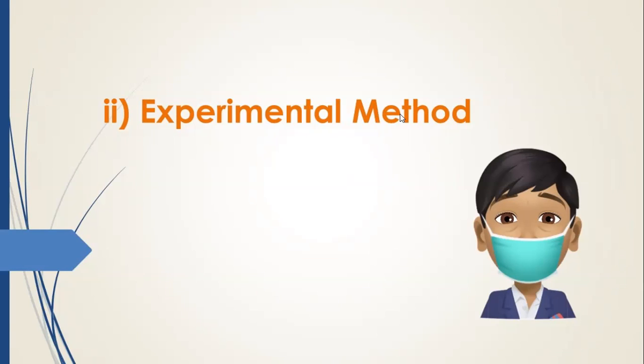We'll try to understand what are the benefits and how the experimental method can be carried out. This is really a very important method, we can say, and most of the researchers use this method.